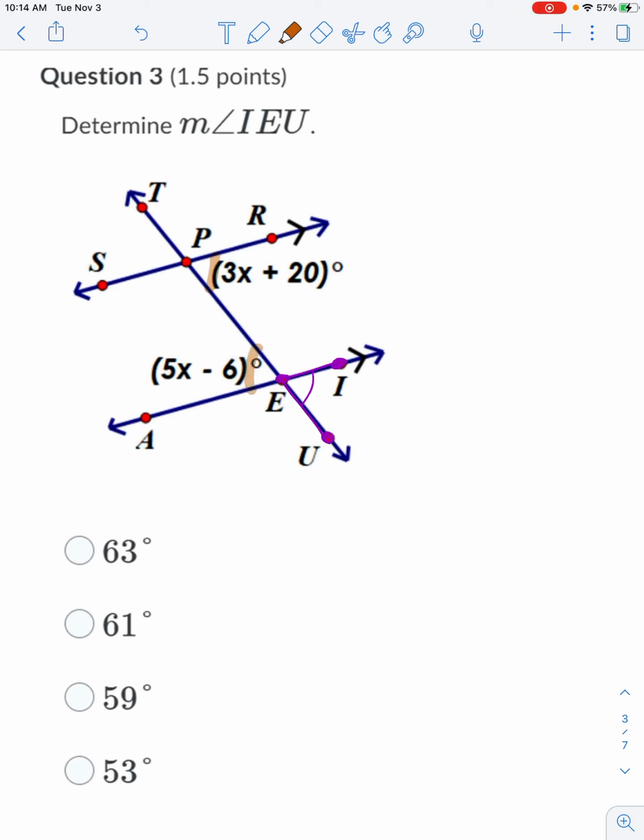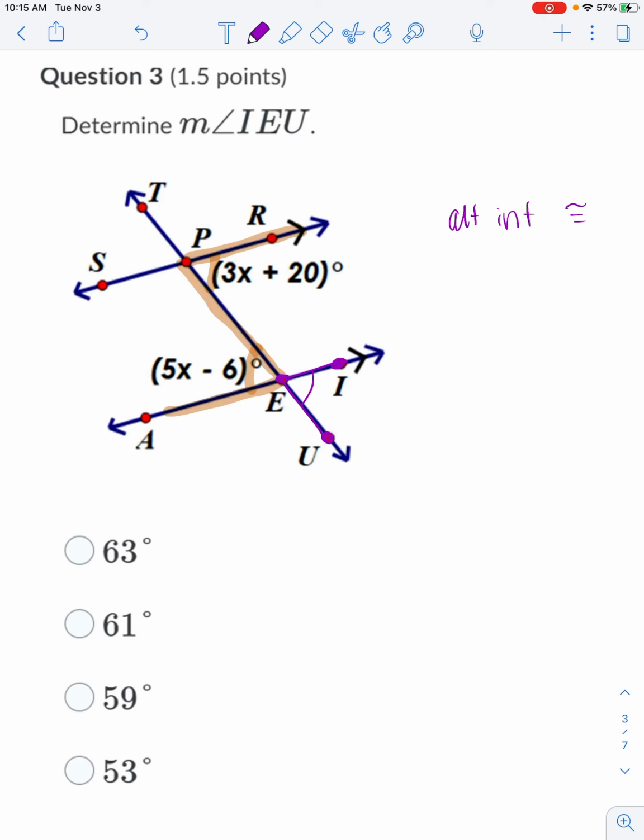If I want to relate those two together, notice I have two parallel lines cut by a transversal. If I trace through, I can draw the letter Z, which means these two are alternate interior angles. And we know that alternate interior angles, when the lines are parallel, are congruent. So I know that these two angles must be congruent to each other.